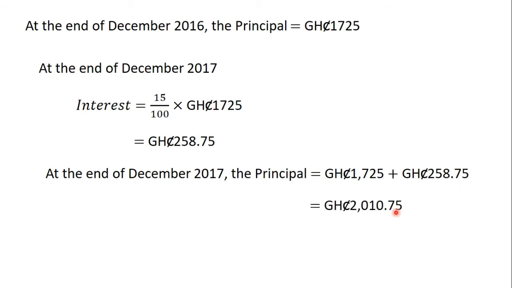We add these two and you are going to have 2,010 Ghana cedis, 75 pesewas. So at the end of the second year, that is at the end of December 2017, the money in his account or the new principal was 2,010 Ghana cedis, 75 pesewas. Let's move on to the next year.